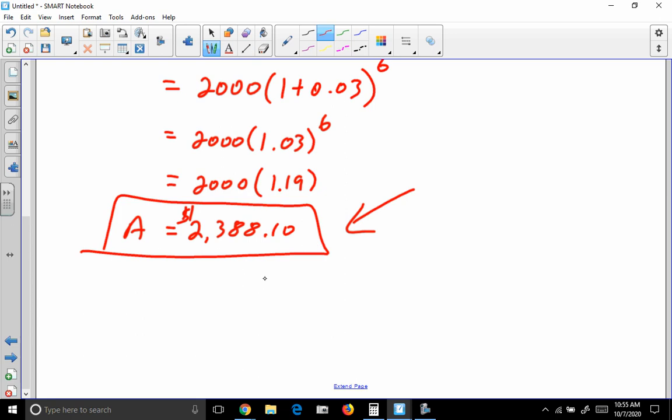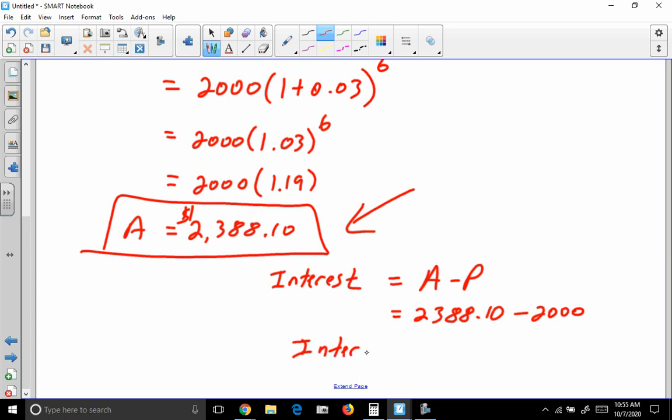If we consider this an investment, the interest that we earn is the difference from our amount at the end minus what we started with. So we end up with $2,388.10, and we started with $2,000, so that means we gained $388.10 of interest.